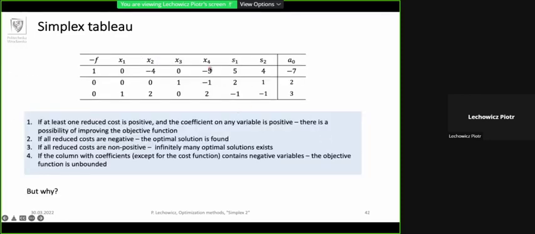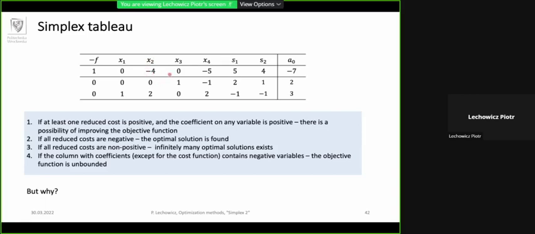And then we need to choose another variable which we introduce to the base in such a way that we are improving the solution. And here we have the following assumptions.